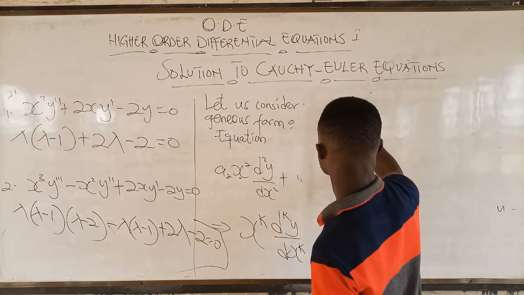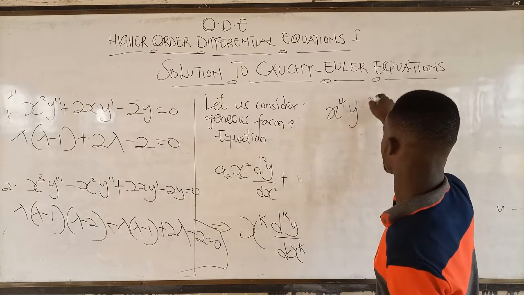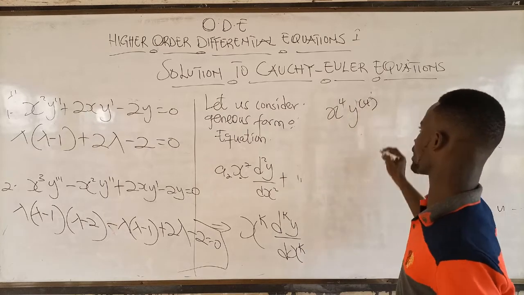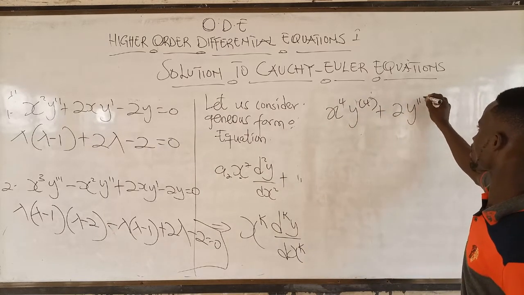You see, fourth order will be power 4 y prime. Okay. You can bring 2 y prime.